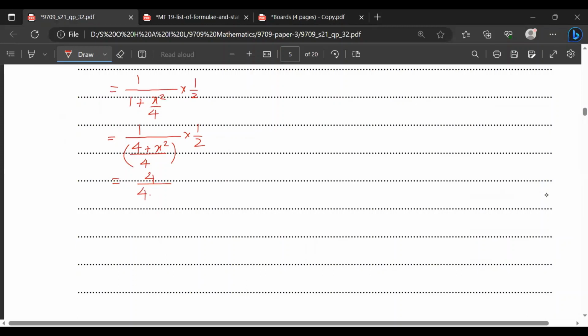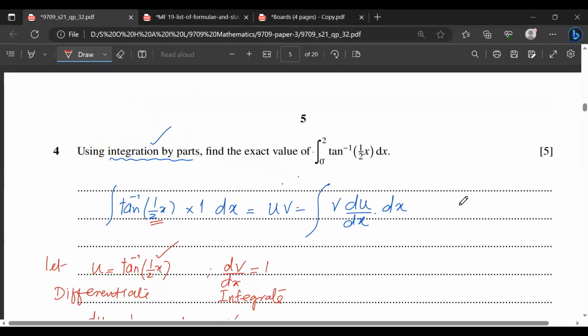So 4 over 4 plus x square into 1 over 2, and so we have 2 over 4 plus x square. When you simplify, this is du by dx, and yes, we need du by dx for the right hand side.